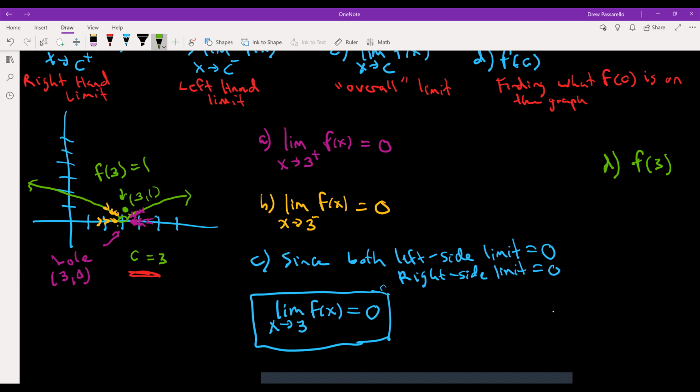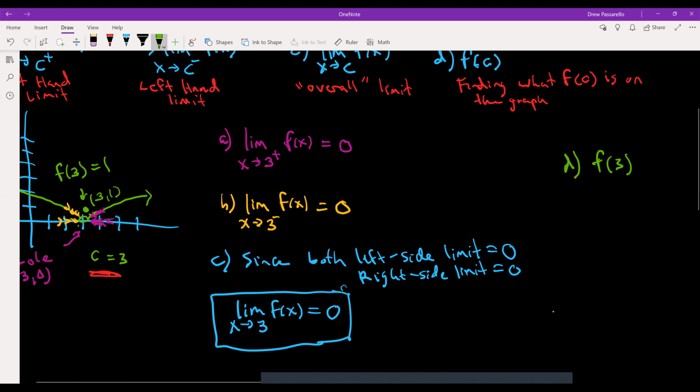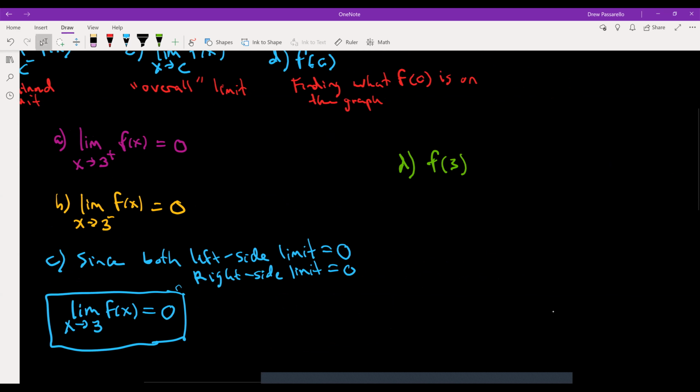So the function's defined at this closed dot, and it's got a y coordinate of 1. So f of 3 equals 1, since we have the closed dot at (3, 1).